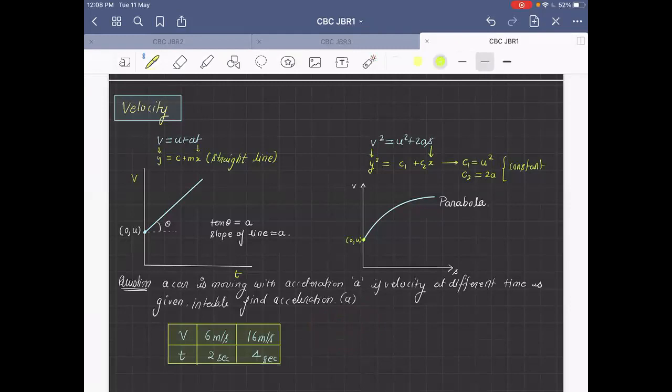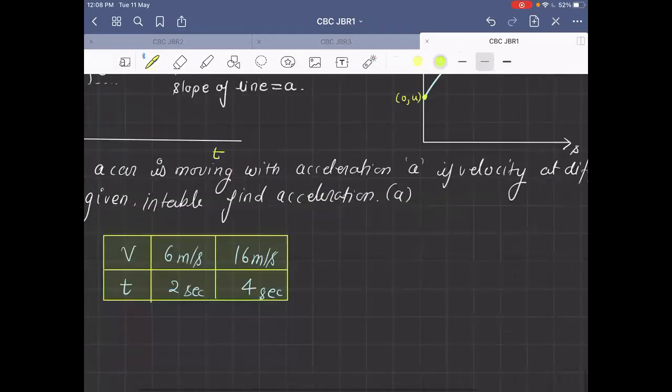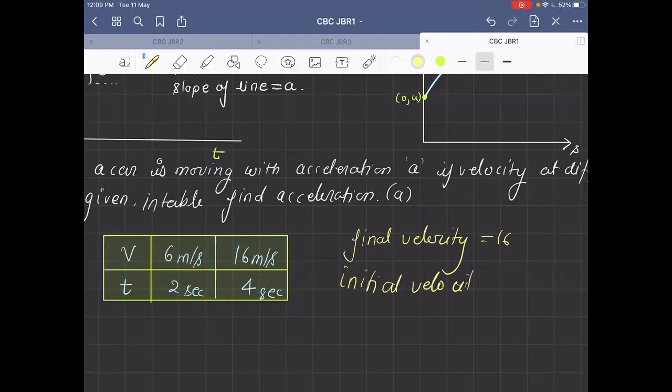So how do we get the answer to this question? Oh, this question is very tough. Is it tough? I don't think so. You can take final velocity as 16, initial velocity as 6. What is the time between initial and final? Now this is a question you need to answer me.